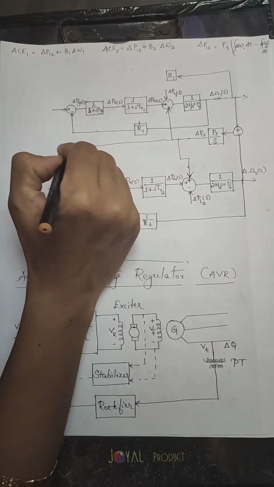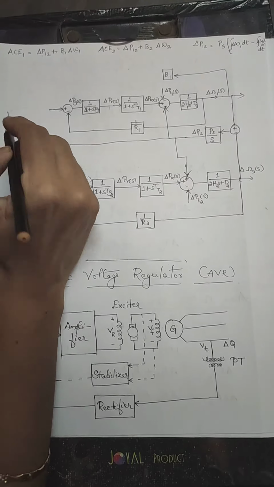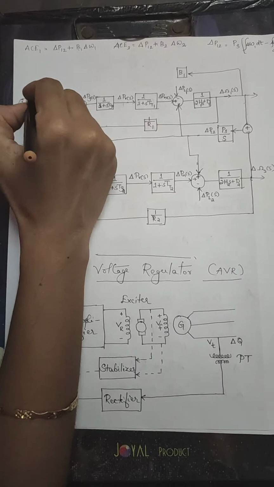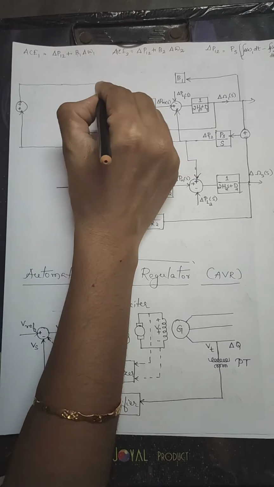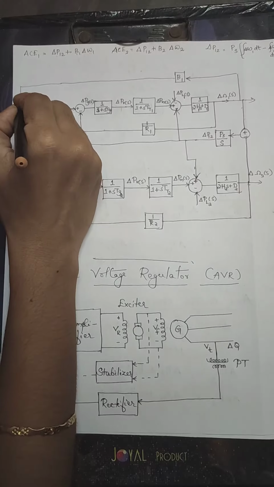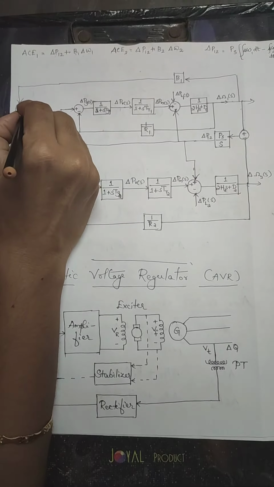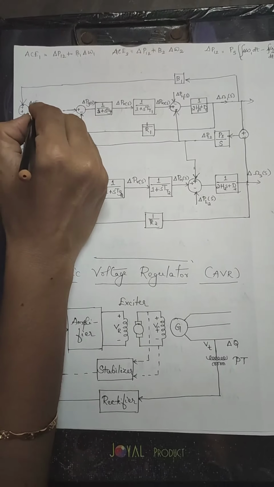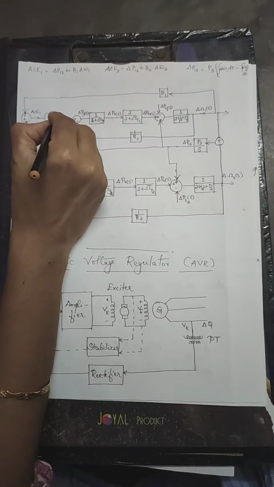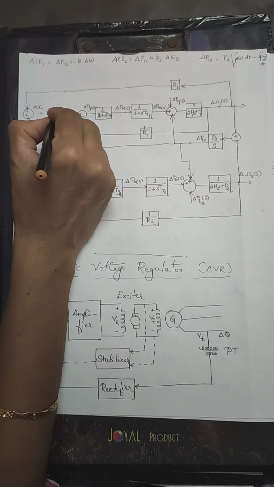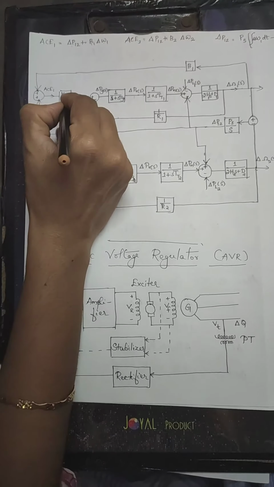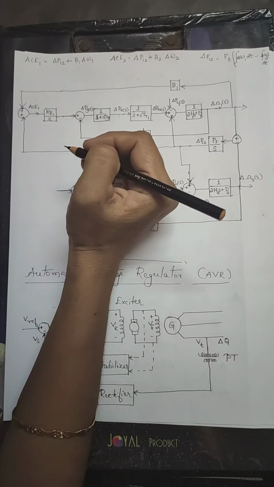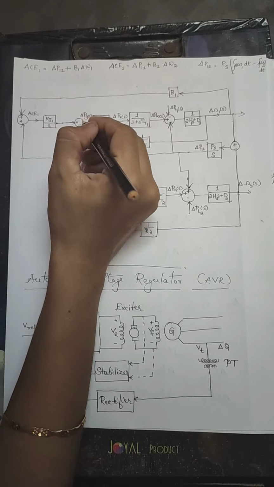So delta P12 plus B1 into delta omega 1, which is area control error 1. And we have to integrate this using an integral controller having a gain Ki1. So Ki1 by s, and it is given as a reference signal to the speed governor.